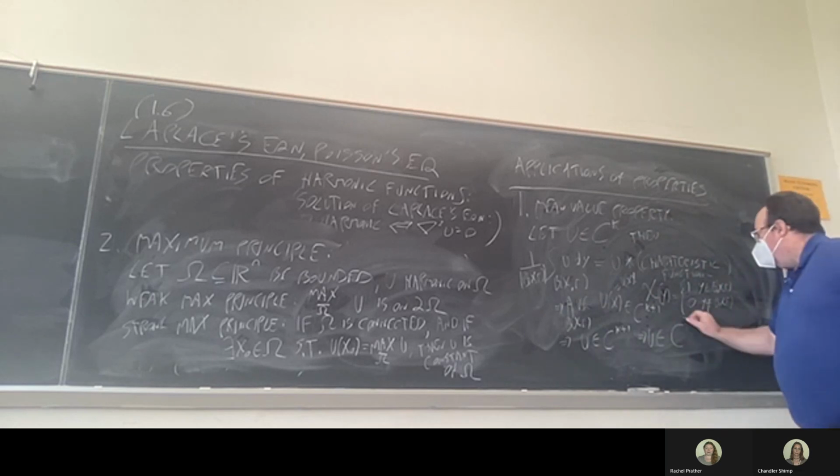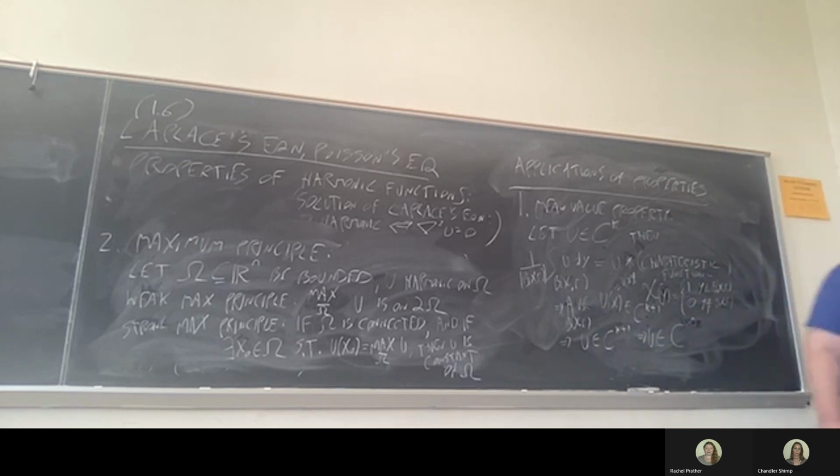So solutions of Laplace's equation, harmonic functions, are infinitely smooth. They have continuous derivatives of all orders. So that's what the mean value property gives us. Questions about that? All right.